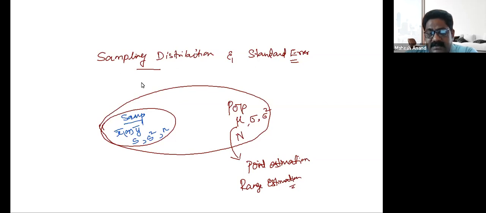So the sampling distribution is going to give us the notion of how we are going to estimate this population parameter, either population mean or population proportion, with a range. For this range, we are going to introduce the term called confidence interval range.